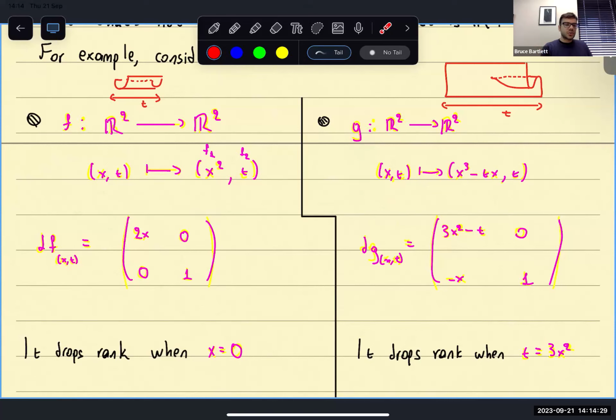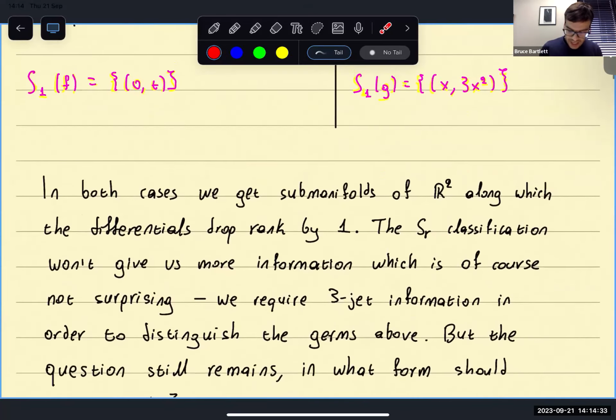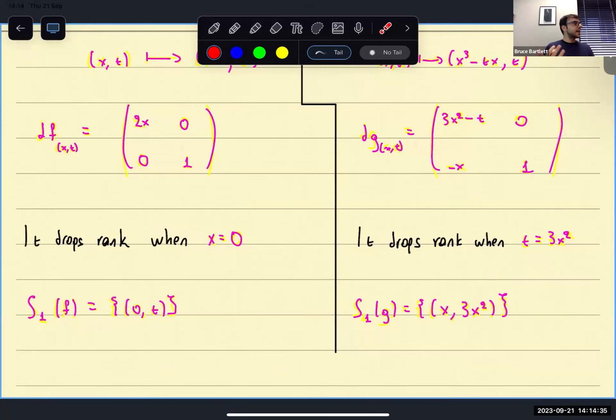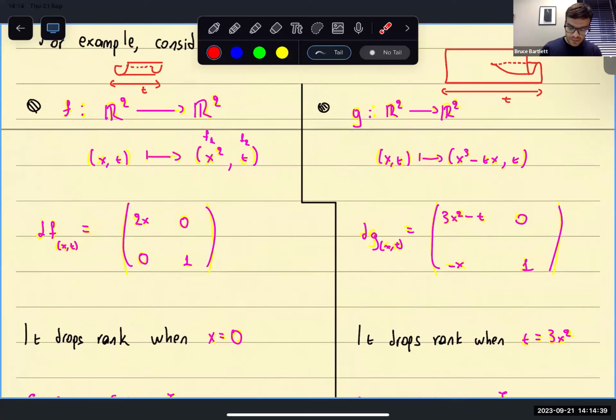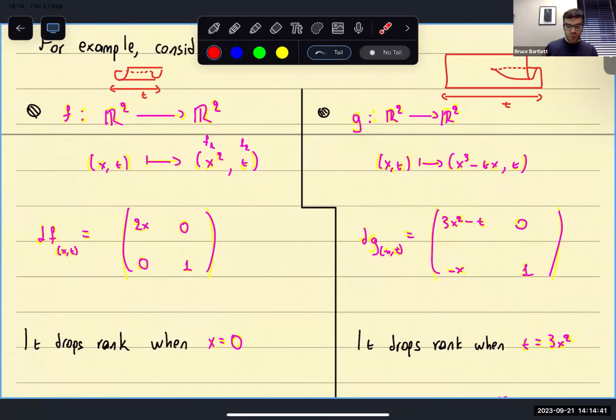And we don't really have much more that we can say, even though we would want to be able to distinguish between them.